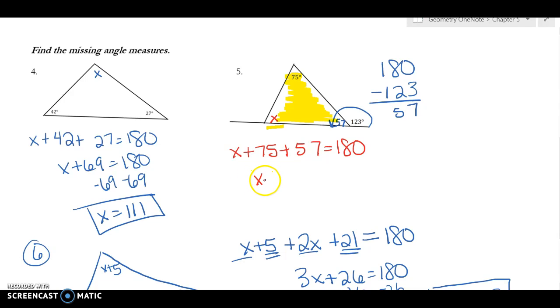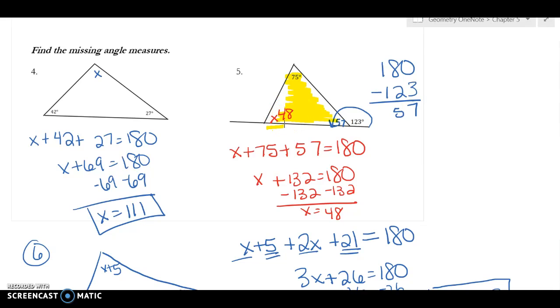So I'm going to add 57 plus 75, and I'm going to get 132. And I'm going to subtract 132 from 180, and I'm going to get 48. So this angle here is 48, so I can put a 48 here.